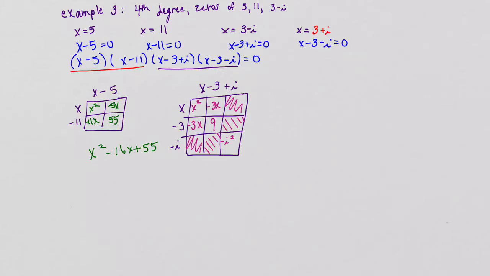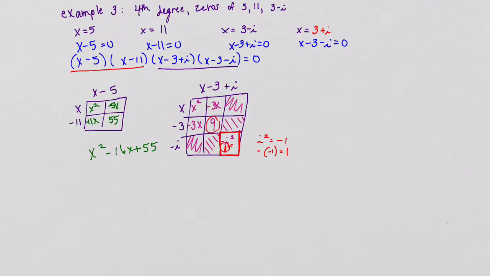So I don't have to do anything with the row or the column that has the i in it, except pay attention to this box right over here, because in that box I have a negative i squared. Now I remember that i squared is equal to negative 1. So this is saying the opposite of negative 1, which is positive 1. So this box actually has a value of positive 1.